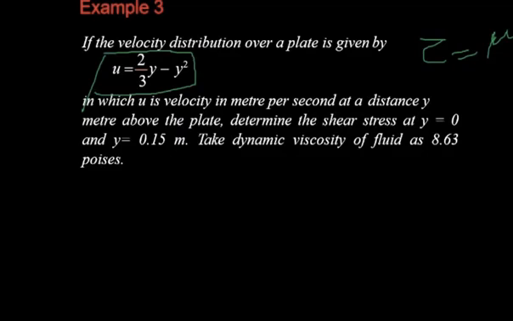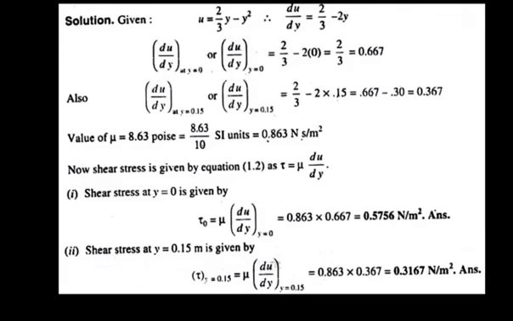Because it is going to be differentiated, we have to differentiate this u, that is du by dy. What will it be? Differentiation of 2/3 y will be 2/3, minus differentiation of y² is 2y, right?